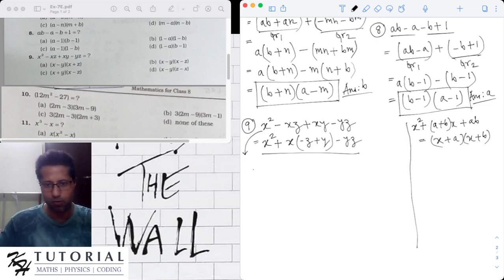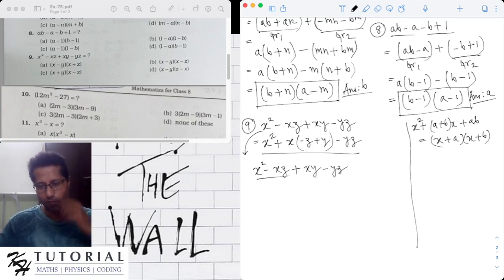So the polynomial is x square minus xz. Now in some problems you have to visually understand how you should do grouping.